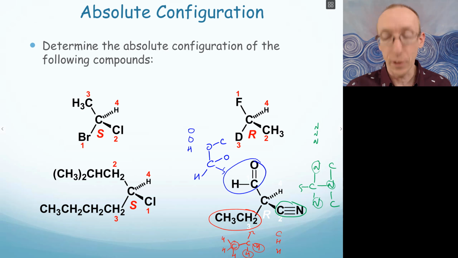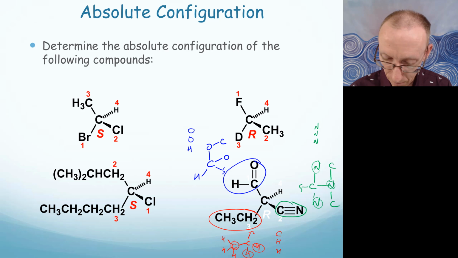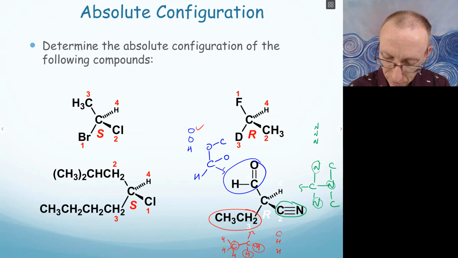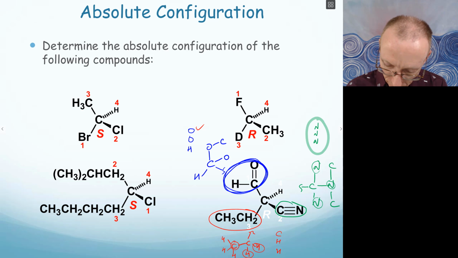Okay, so looking at a periodic table, we know that oxygen is higher priority than nitrogen. And so that whole substituent in blue is going to be the highest priority substituent. And then comparing this group here to this group here, carbon is lower priority than nitrogen, and so this will be the next highest priority.